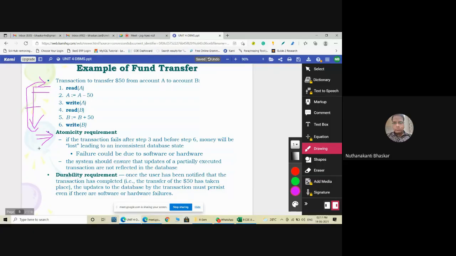It can never be in the middle. For example, if the transaction fails after step 3, or before step 6, money will be lost. Who is going to lose money? The sender. Means A is going to lose the money in this transaction. Yes or no?